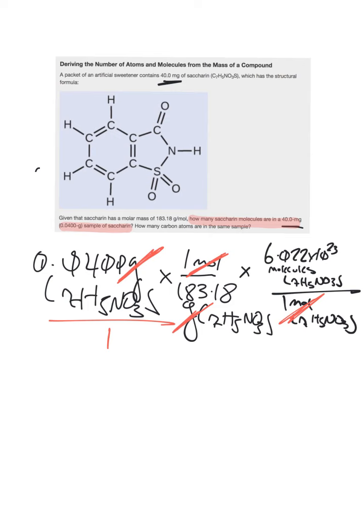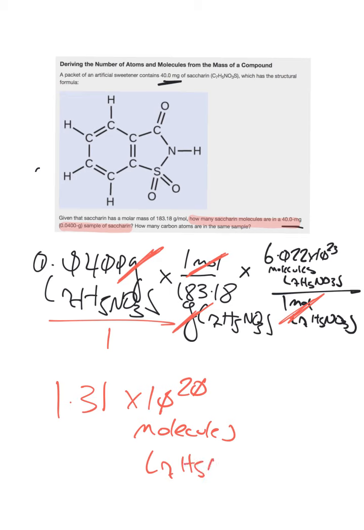Now, remembering sig fig rules, which we discussed in a previous video, we're going to have 1.31 times 10 to the 20th molecules of C7H5NO3S. Sweet.